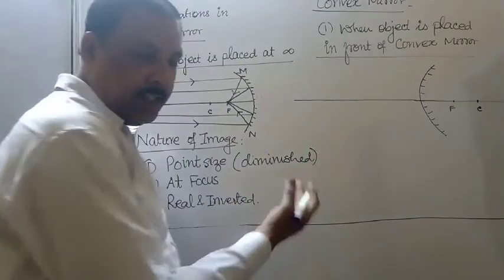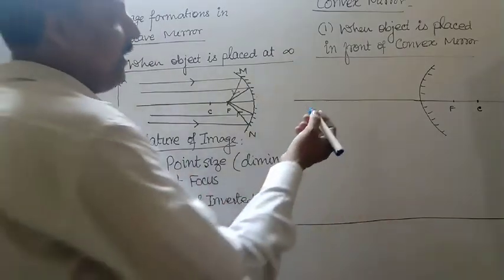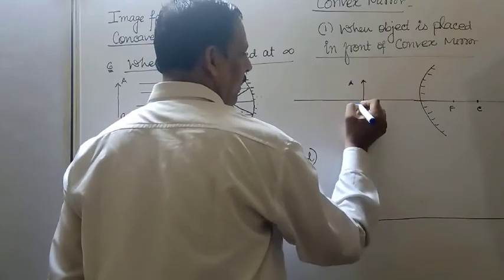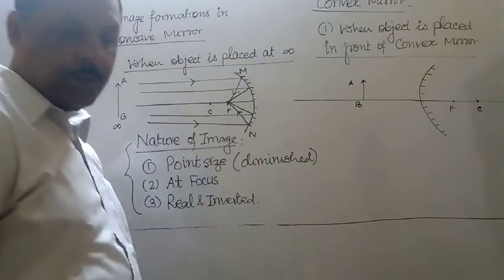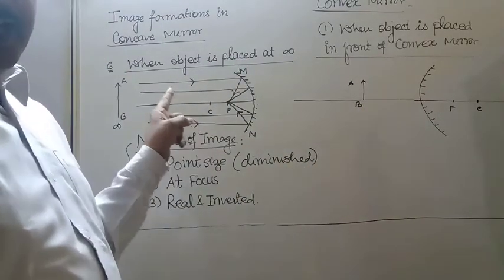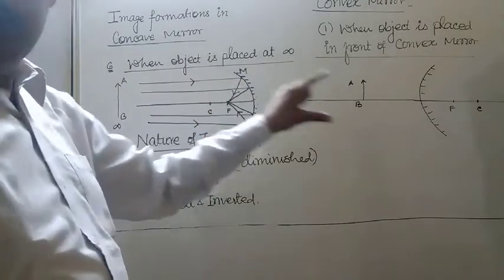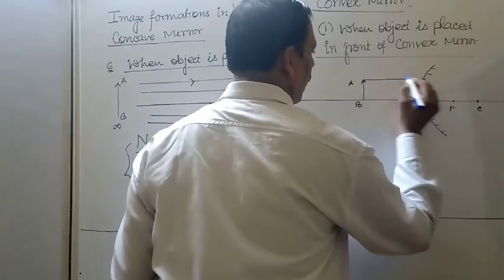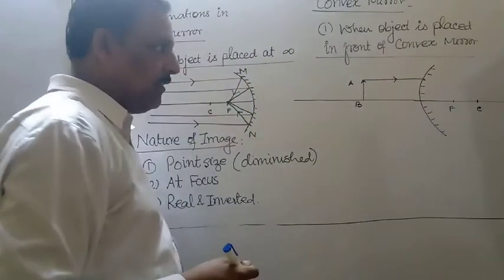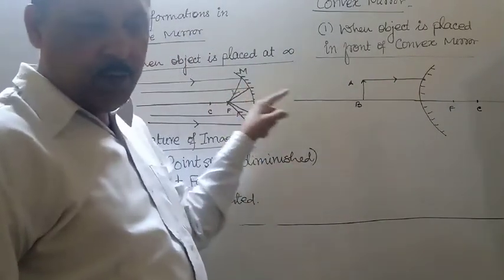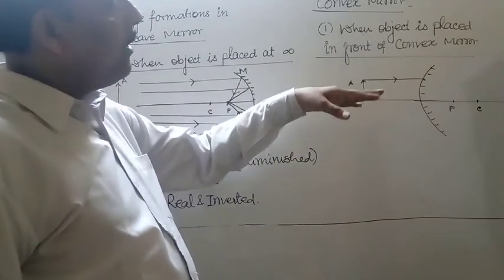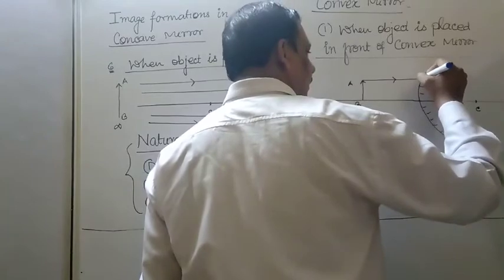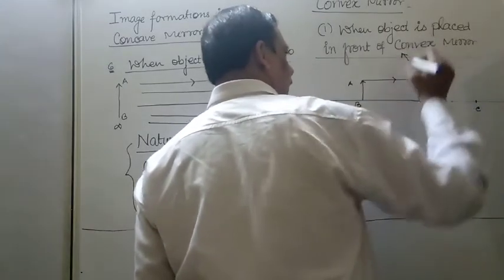Now for example, if object AB is placed in front of the mirror here, what will happen? The first ray will go parallel to the principal axis. After it goes parallel, it will diverge, in this side.